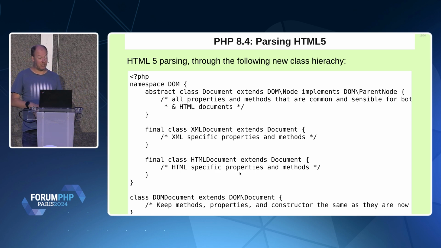And then we have a new HTML document class which also does that, but it implements this new HTML5 parser. But it's all with the same interfaces. And then the DOM document class has been redefined as just extending the new DOM/document one. So that basically means that although we use a new functionality, you don't have to change your code. But if you want to use the HTML5 parser, then you need to opt into this.